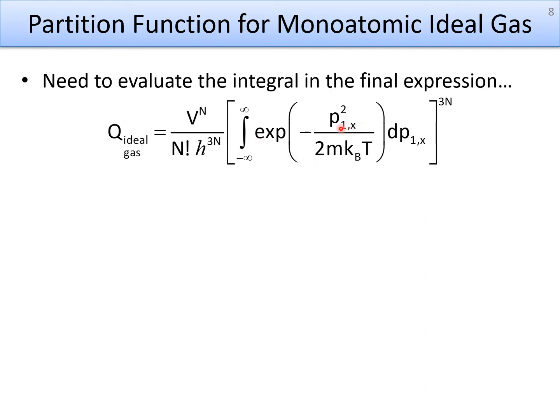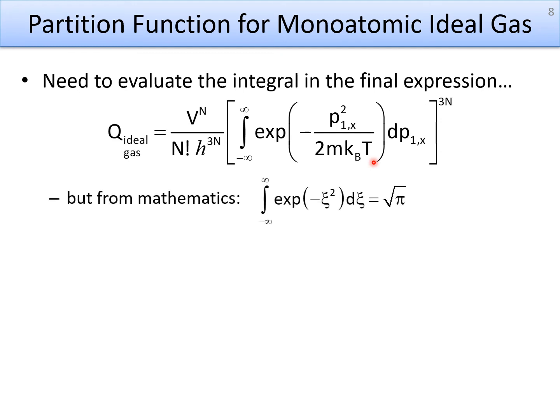If p becomes very negative or very positive, then minus p squared is going to be a very negative number. So e to the minus p squared divided by this is going to give us a very low number, so a very low probability that this speedy particle can be found in our ensemble.